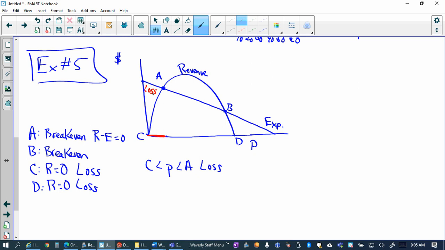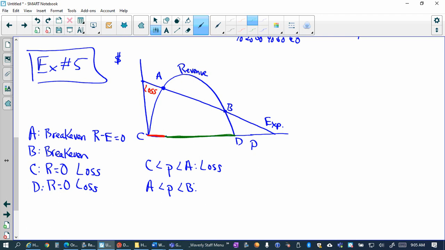What about between A and B? What would we call that if we set the price between A and B? What will happen there? Gain, aka profit, right? Aren't revenues anywhere between these two points greater than expenses? So I'll do that in green, right?